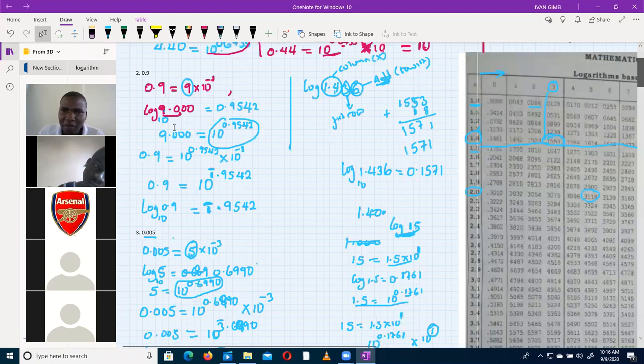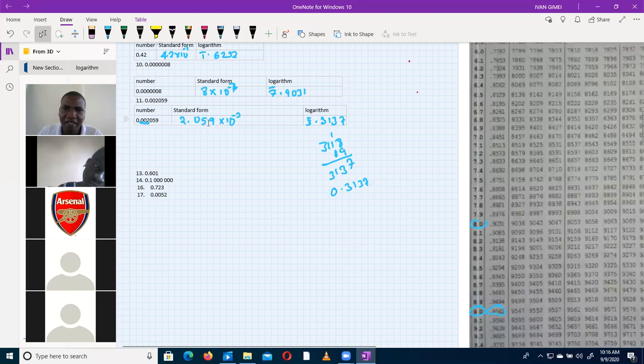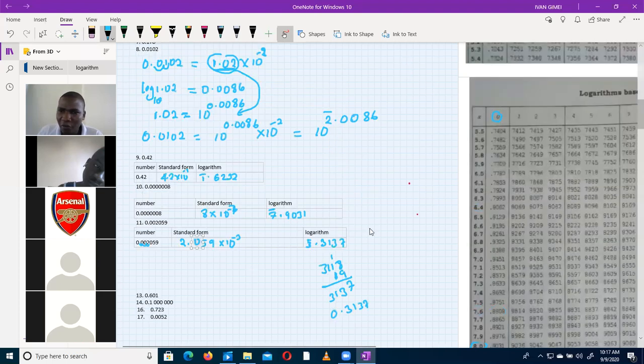If there are 4, like this one, 2.059, we say the first 2 digits are obtained from the first column. So I go to the first column, the one headed X. We're looking for the log of 2.059.